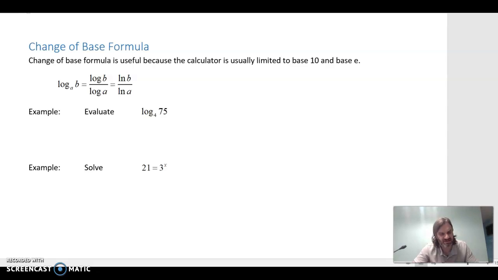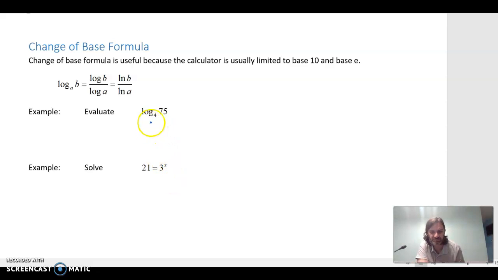So the formula is log base a of b. That can be changed to the common log ratio, log b over log a, both understood to be base 10, which means you could put them in your calculator. Or the natural log ratio, natural log b over natural log a, both understood to be base e.